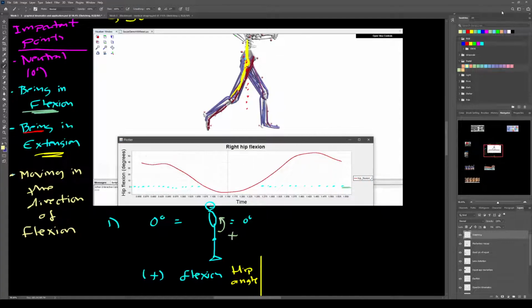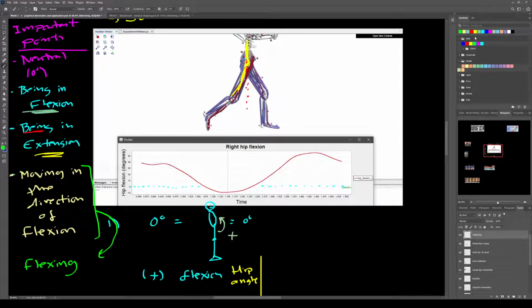So equivalently, I'm using this kind of convoluted big phrase to really specify what I mean, but colloquially you will hear me and other people just say flexing, like the verb. And what that means is that our change, our delta of angle, is towards flexion.